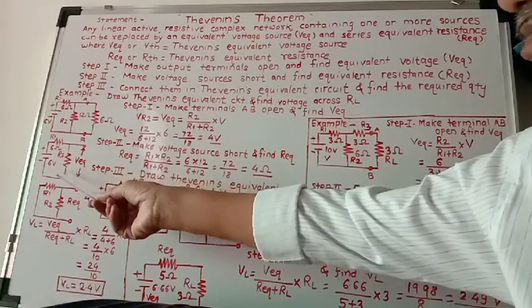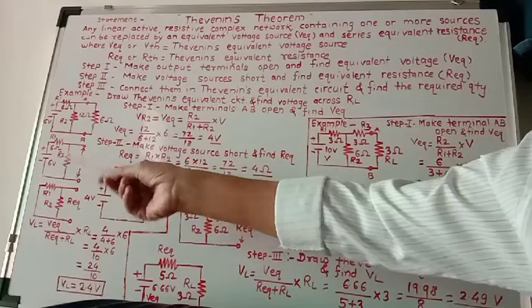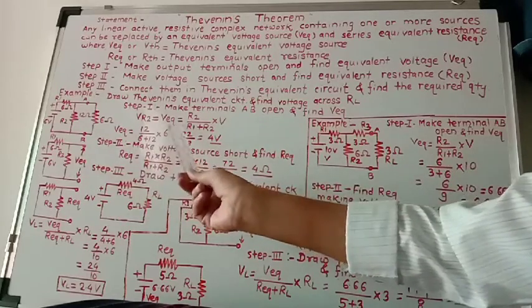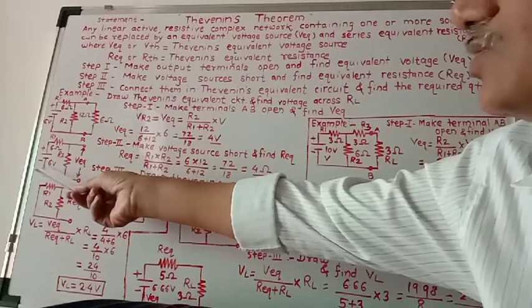Okay, so the voltage across R2, that is VR2, is equal to V equivalent, which is equal to R2 divided by R1 plus R2 into V.